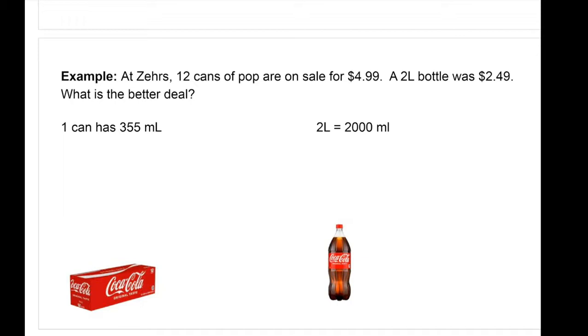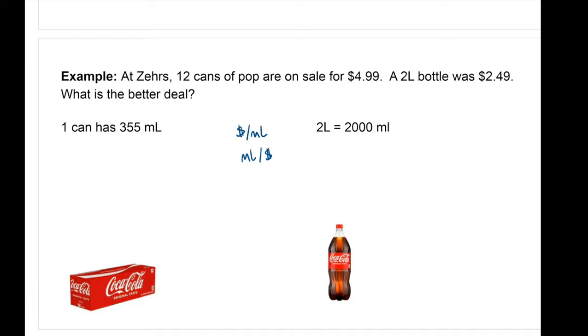So in order to figure out which one is the better deal, I need to get a unit rate so that I can compare the two. So then the question now becomes, do I want the dollars per milliliter or how many milliliters can I get per dollar? Again, either way, it will still give you a number that you can compare between the two. You just have to understand what you're comparing.